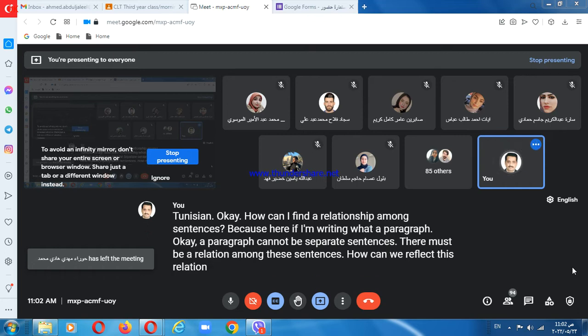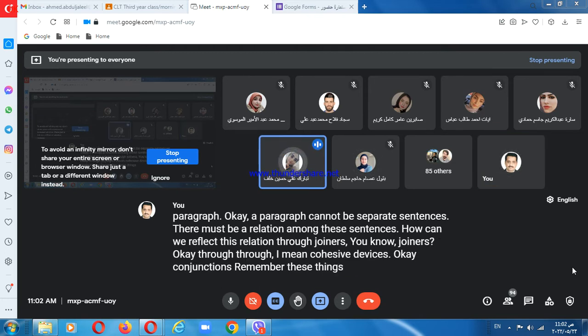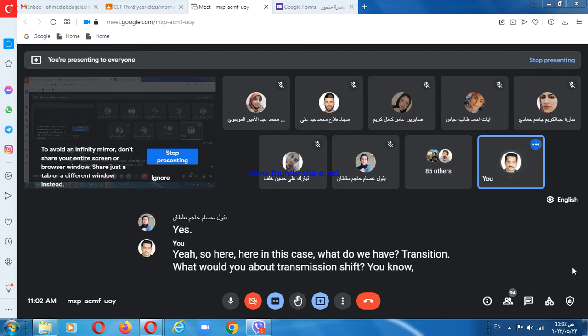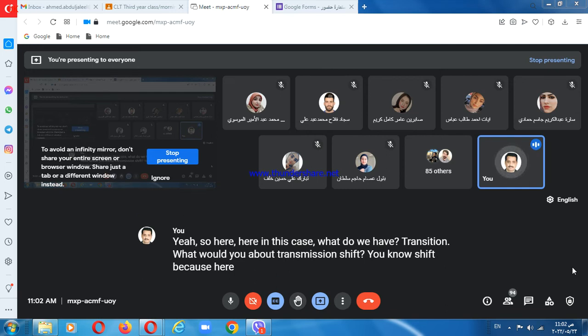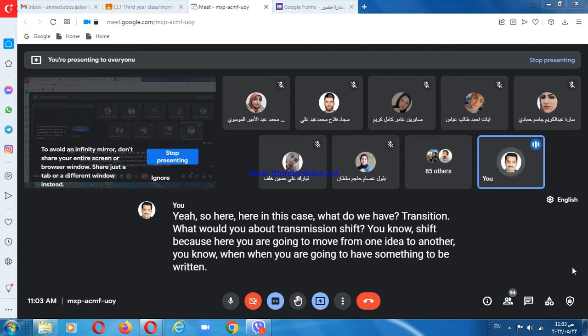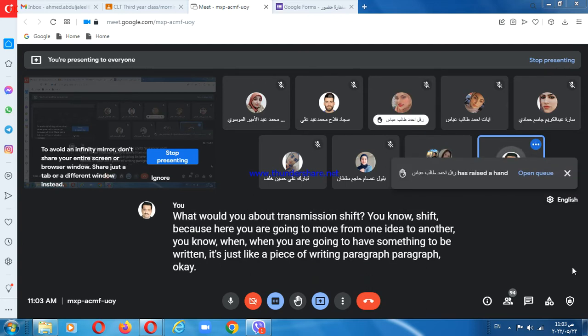Through joiners, cohesive devices, conjunctions. Remember these things, I believe. So in this case, what do we have? Transition. What do you mean by transition? Shift, because here you are going to move from one idea to another. When you are going to have something to be written, it's just like a piece of paragraph writing. With paragraph writing, you have something.